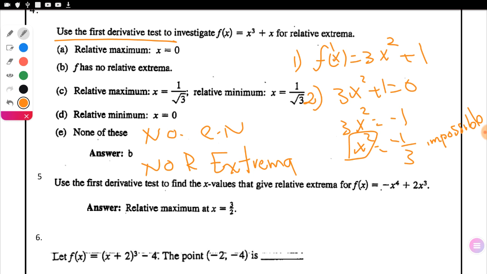What is the meaning of relative extrema? We have a critical number at which the behavior of the function changes from increasing to decreasing or decreasing to increasing. Since I don't have the first condition, I don't have the other one. That is why your answer is: f has no relative extrema. I think it's so trivial. Okay?